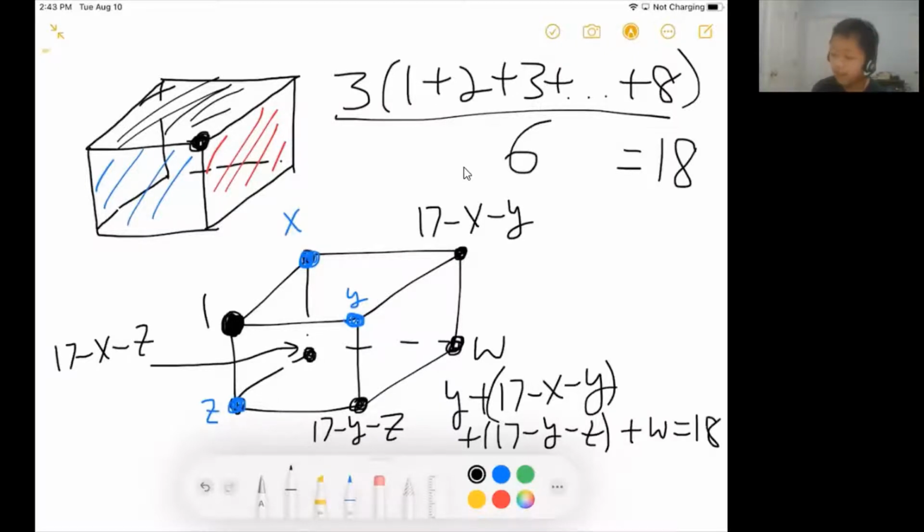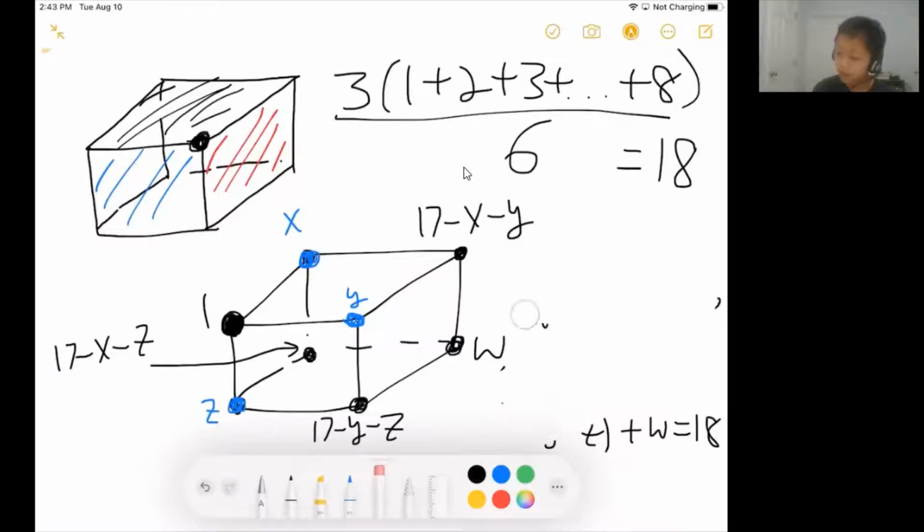You can cancel off a Y, and it turns out W is going to equal X plus Y plus Z minus 16. So we can replace W with X plus Y plus Z minus 16.